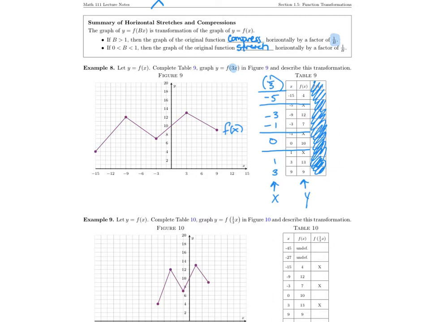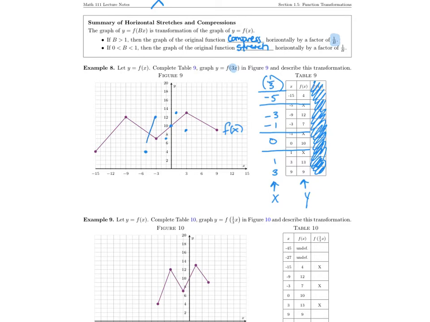So that'll be -5, 4, -3, 12, 7, 0. So you'll notice that the y-intercept stays the same because we're compressing everything horizontally, so that will not change.